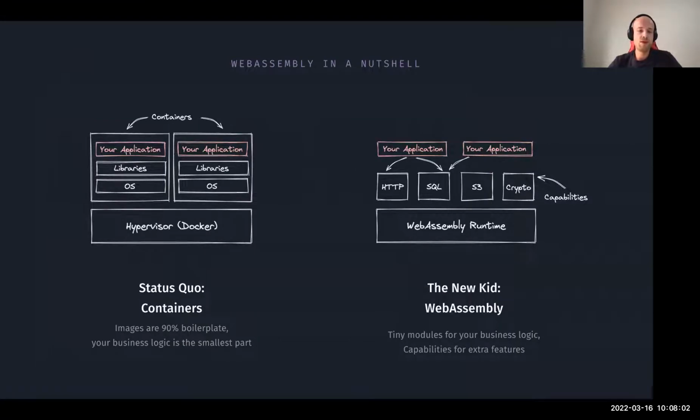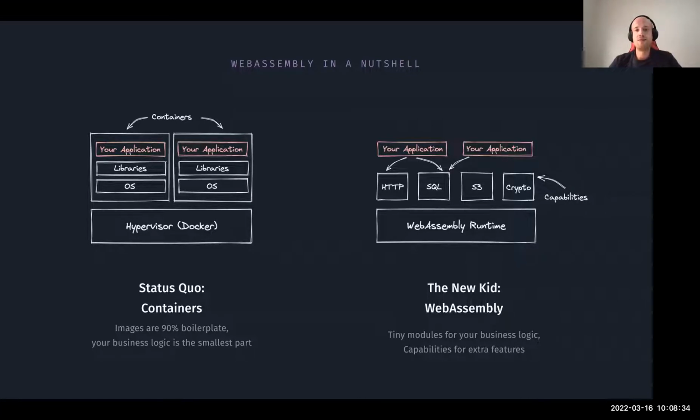You've come to know and love containers, which is what you're using today if you use Argo Workflows. With containers, you put your application into a Docker image, and the Docker image contains basically a whole operating system and all its libraries and all dependencies. But as an application developer, what you really care about is only your business logic, and this is really the smallest part of the stack. So 90% of what you ship to the cloud and what you run with Argo Workflows is boilerplate, and your business logic is just a very tiny part of it.